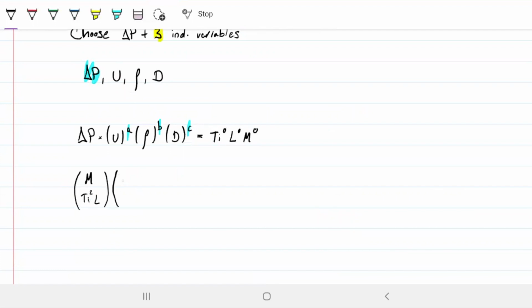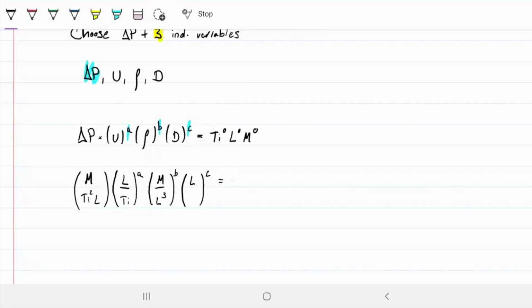My velocity was length over time, to the A. My density was mass over length cubed, to the B. And my diameter is just length, to the C.